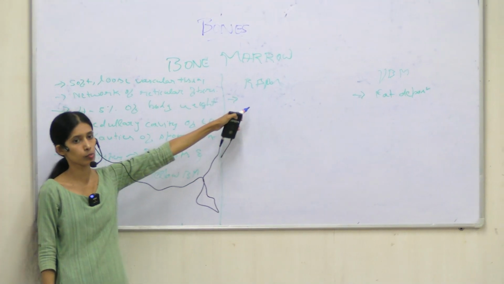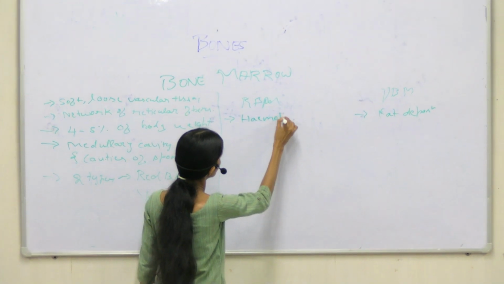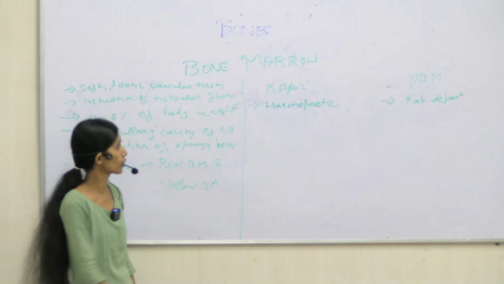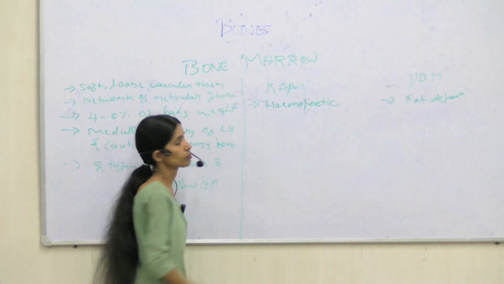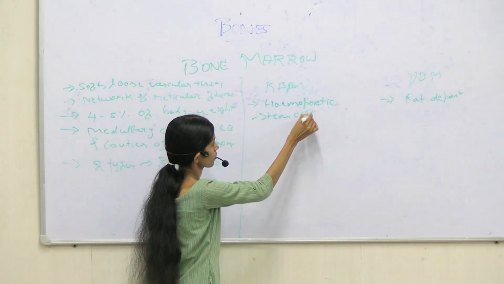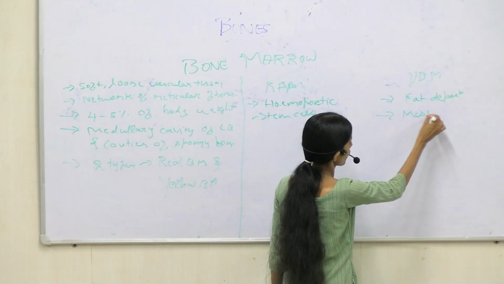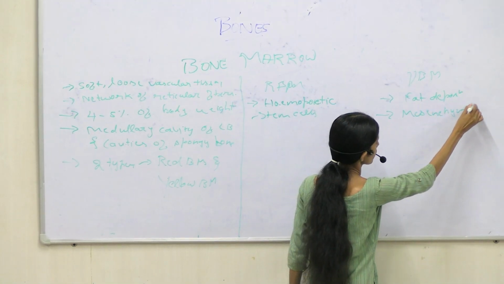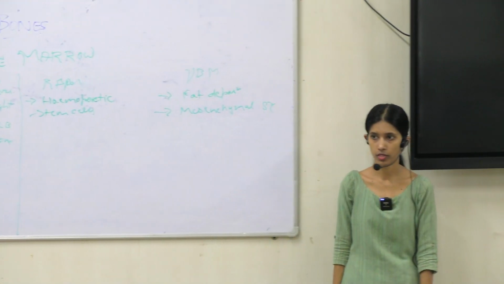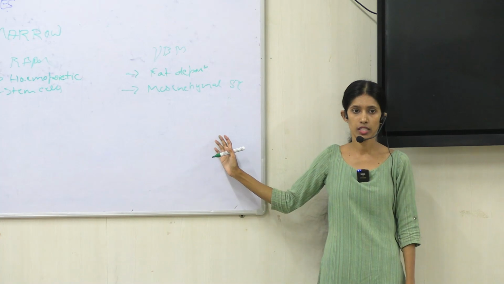The stem cells present in your red bone marrow are hemopoietic stem cells, and the stem cells present in your yellow bone marrow are mesenchymal stem cells.